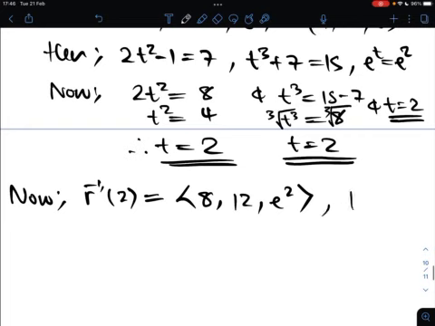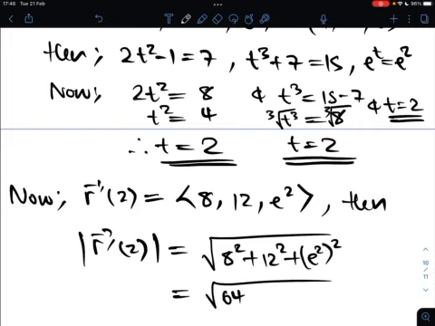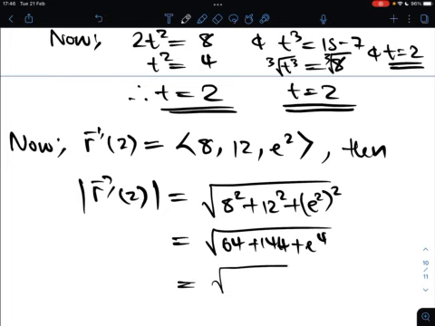Then the next thing, we can now find the absolute value of r prime of 2, which is going to be the root of 8 squared plus 12 squared plus e squared squared, which gives us what? 64 plus 144 plus e to the 4, which gives us the root of what? 64 plus 144 is equal to 208 plus e to the 4.